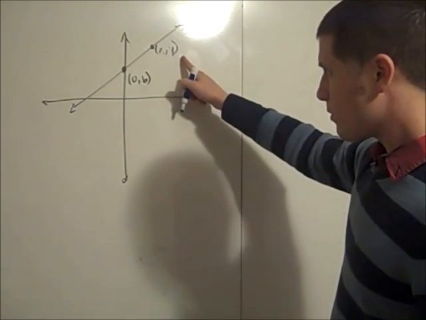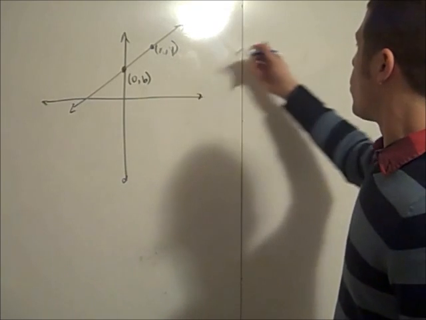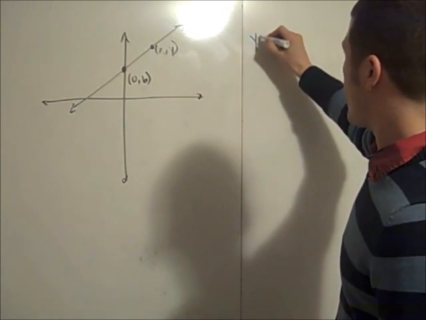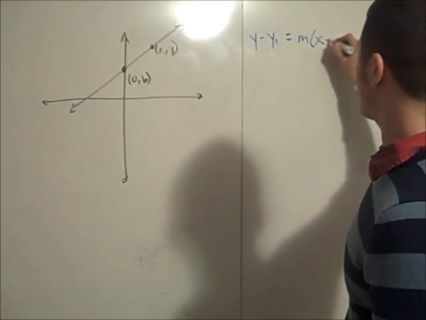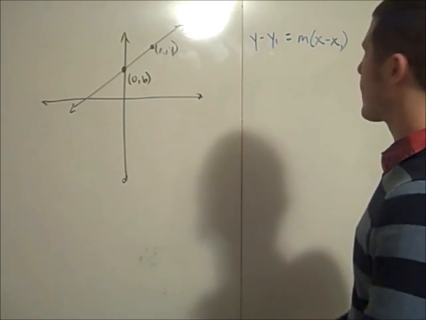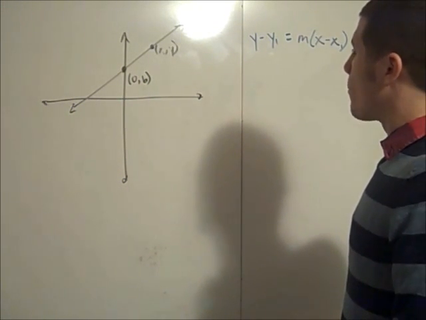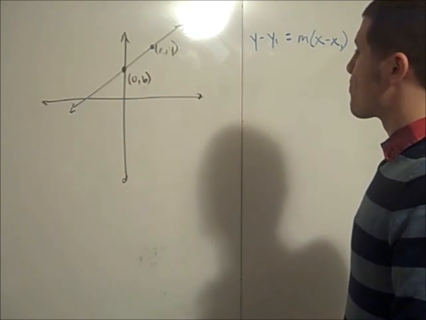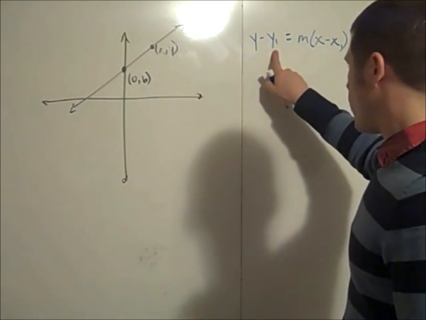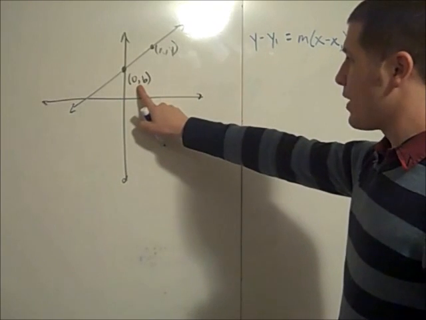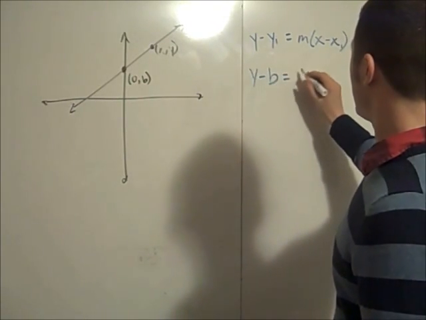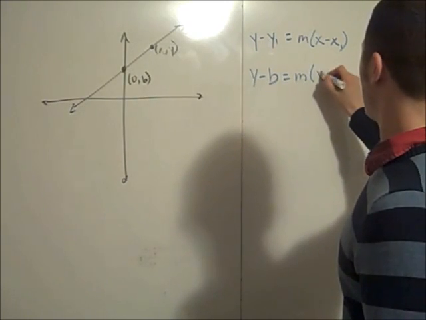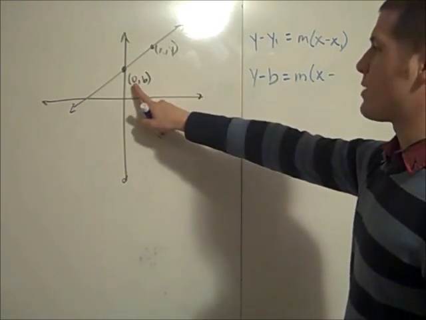Now, the point slope form says that y minus y1 is equal to m times x minus x1. Well, what's our value of y1? That's the y value of the point here. That's b. So I have y minus b equals m times x minus the x value of this point, which is 0.